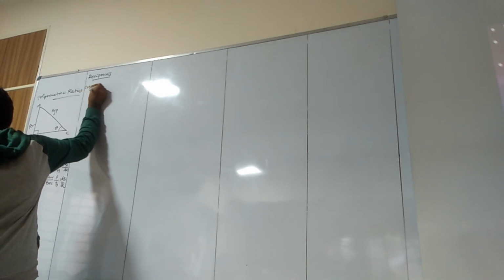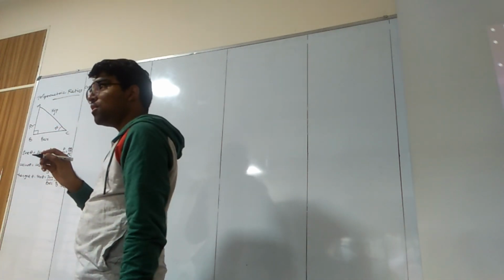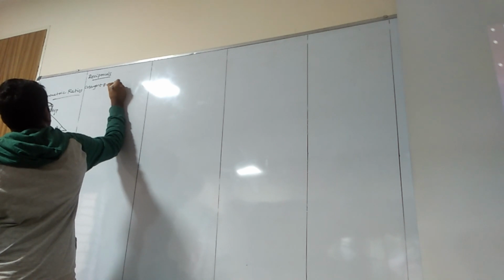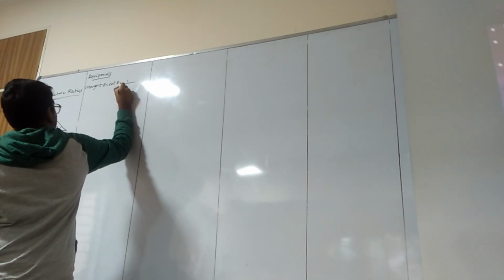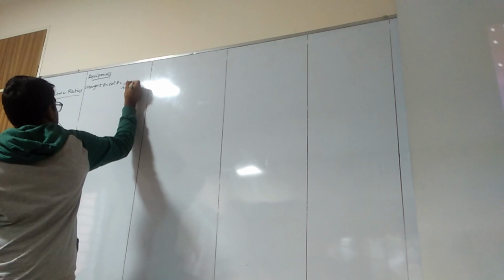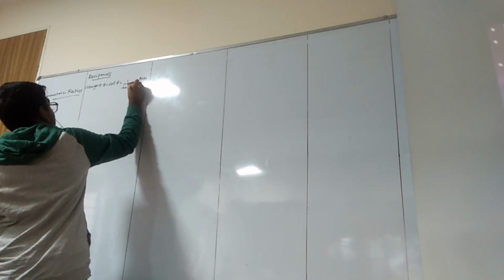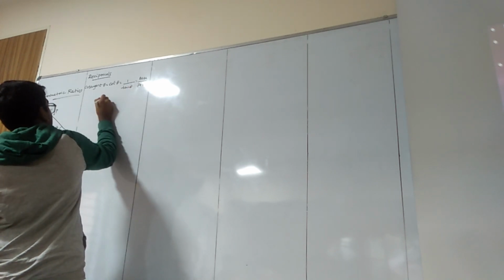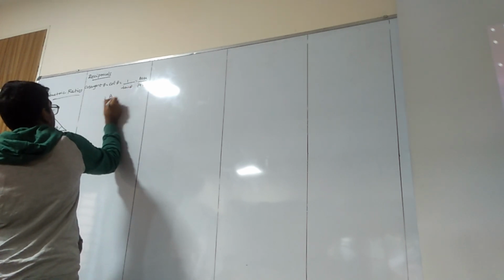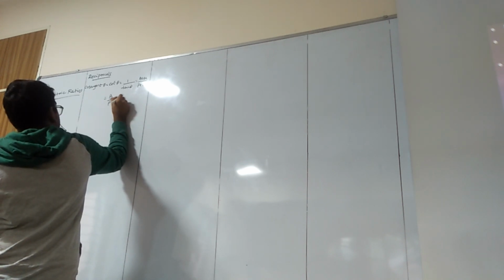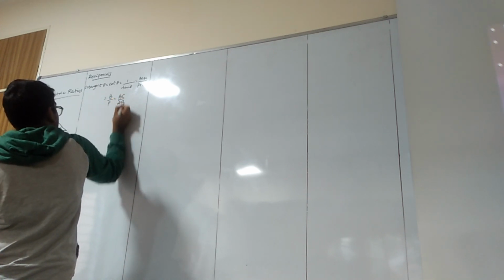It's not just cot, it is called cotangent. Cot theta is equal to 1 by tan theta, right? That is nothing but base by perpendicular, b by p, which is equal to BC by AB. BC by AB. Doubts?